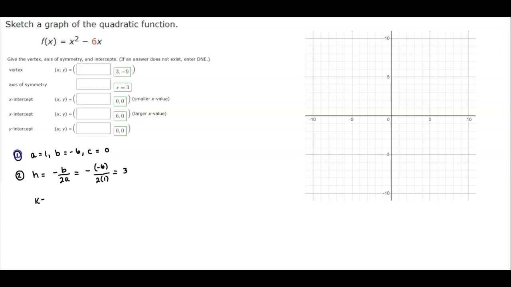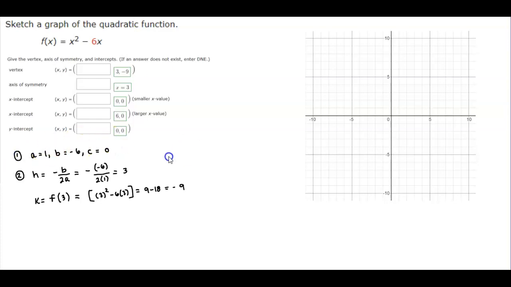And then when we want to find k, well, k is going to be f of 3. So that means we're going to plug in 3 into the function. So we have 3 squared minus 6 times 3, which gives us 9 minus 18, which is equal to negative 9.